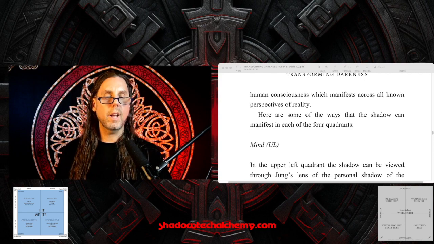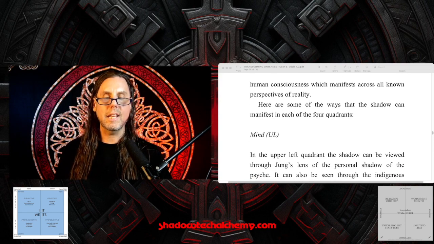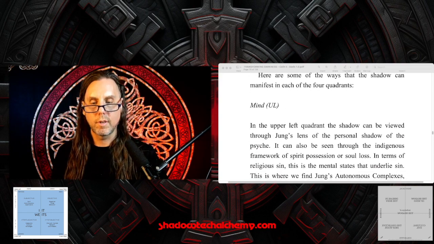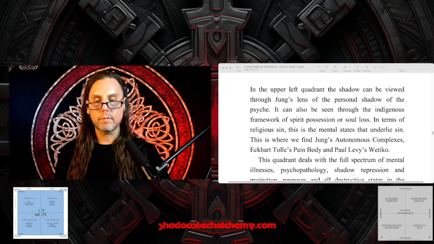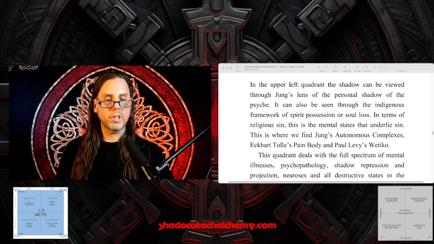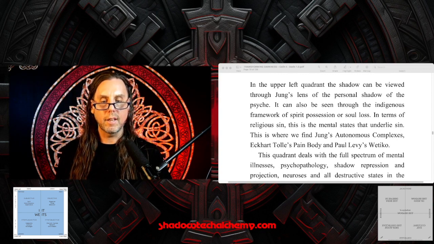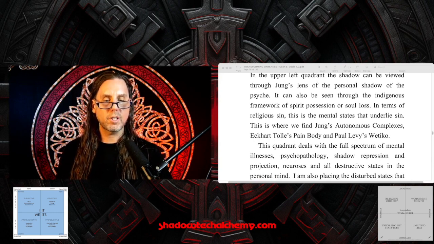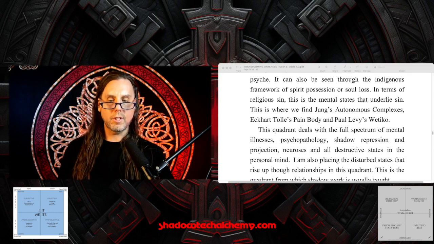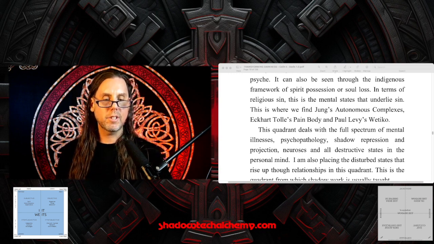Here are some of the ways that the shadow can manifest in each of the 4 quadrants. Mind, upper left-hand quadrant. In the upper left quadrant, the shadow can be viewed through Jung's lens of the personal shadow of the psyche. It can also be seen through the indigenous framework of spirit possession or soul loss. In terms of religious sin, this is the mental states that underlie sin.